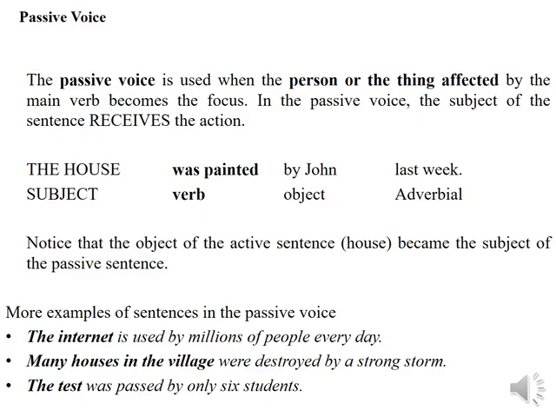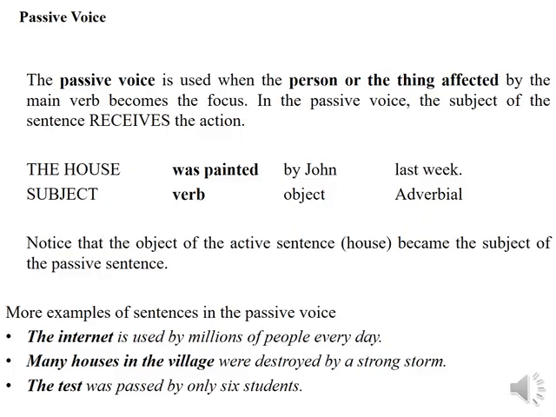Look at the example we have under the active voice. Now we have the same under the passive. But in this case, the subject has become the object. Now: The house was painted by John last week. Under active, John was the subject.